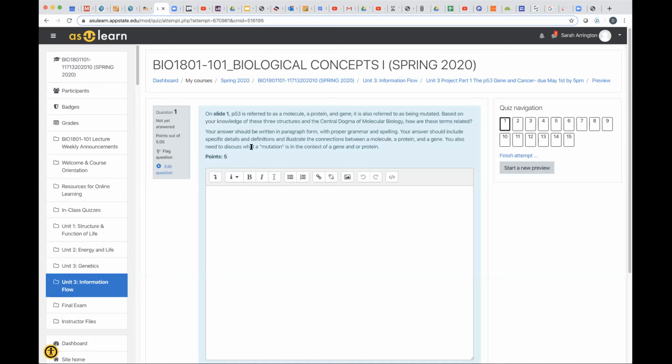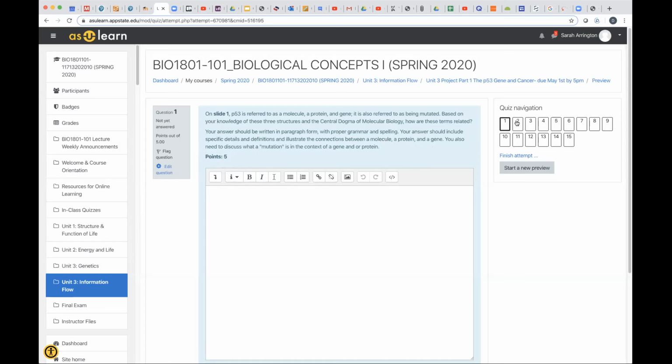It should include specific details, definitions, and connections between a molecule, a protein, and a gene, and you should discuss what a mutation is. This question's worth 5 points, so you're probably going to want to include more than 2 sentences. Try to explain this the best you can.